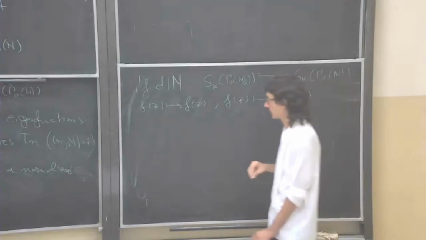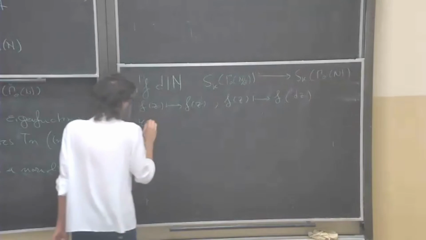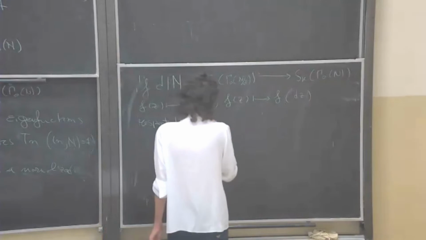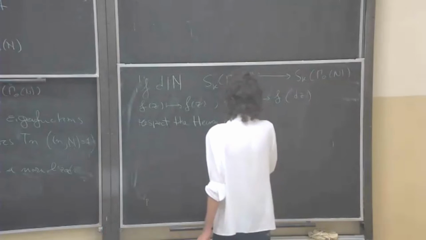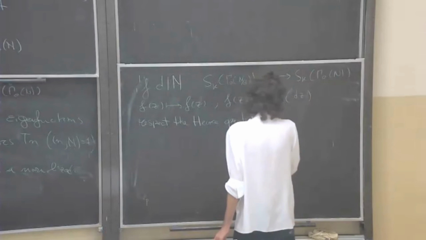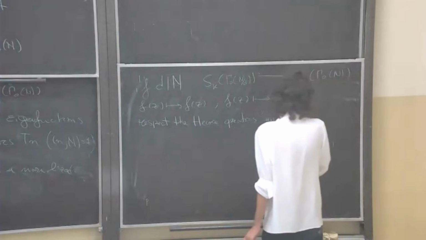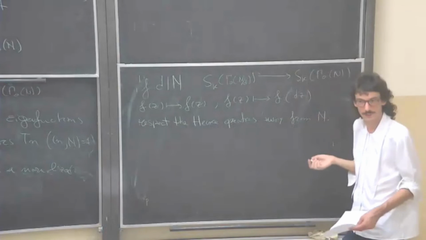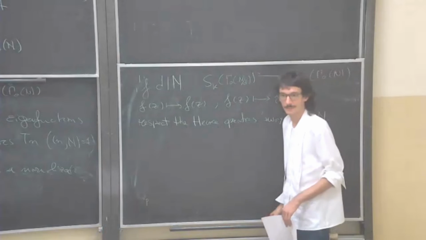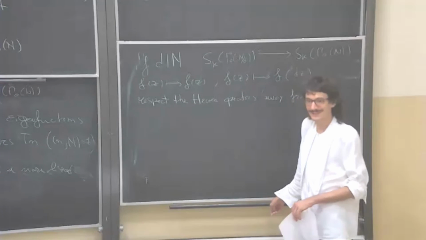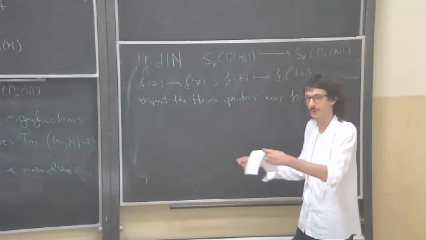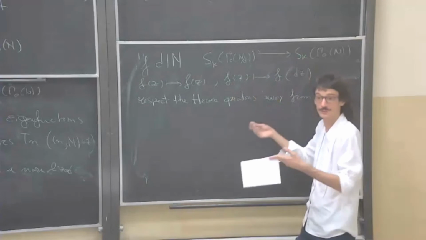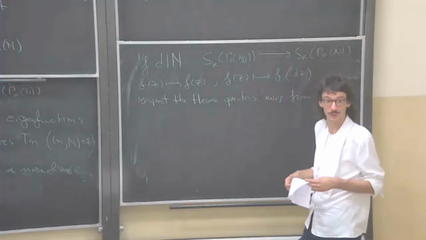Those maps are actually equivariant, they respect the Hecke operators away from N, meaning coprime with N. And we can glue them all together to get, in some sense, a notion of what modular forms are new at N and what modular forms come from some level lower than N.